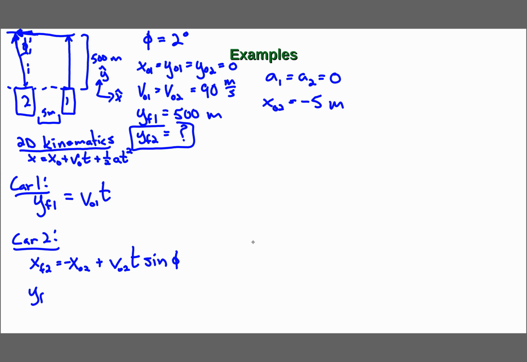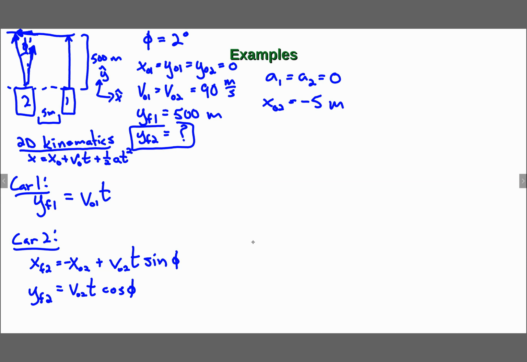And then Y final of car 2, remember Y naught is 0, and the acceleration is 0. So we're just going to have V naught of car 2 times T. In this case, we want the Y component, and that's next to the angle. So the Y component is V naught of car 2 cosine phi.